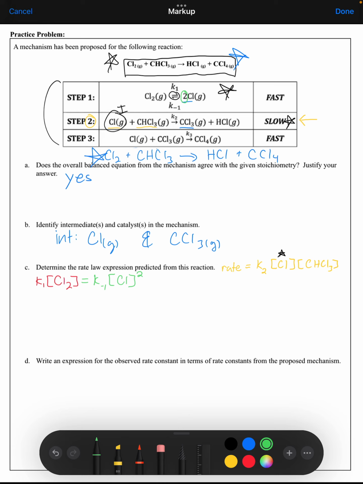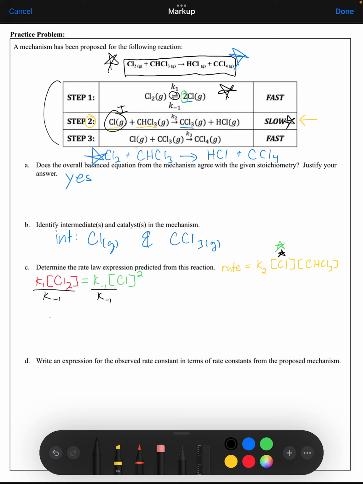Okay. Once again, we are trying to solve for the intermediate, which is chlorine. So we are going to try to isolate chlorine on that right-hand side. And we're going to do that by dividing both sides by K sub -1.